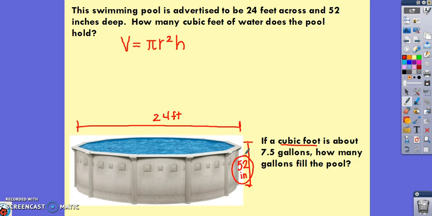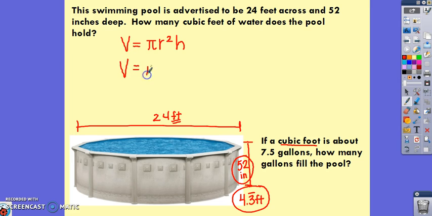So how many 12-inch chunks are in 52? Turns out to be 4 1/3, or 4.3 repeating feet. I'm going to use that for my height. Then I'll have everything in terms of feet.